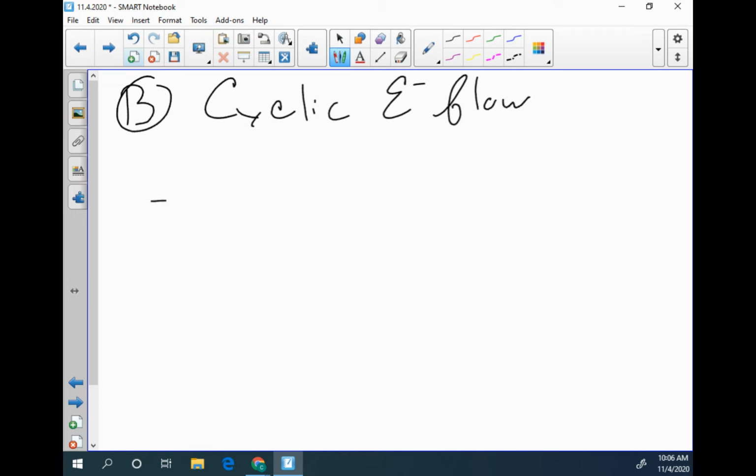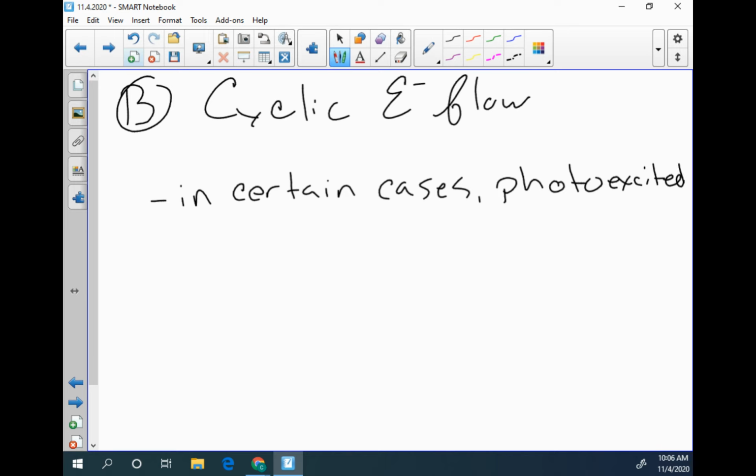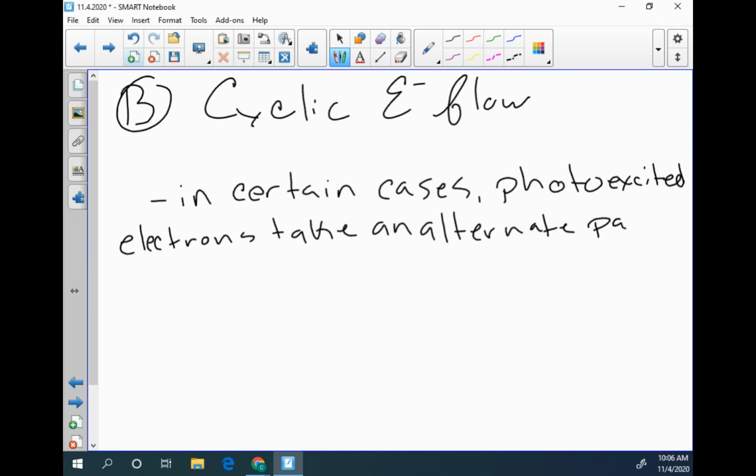In certain cases, photoexcited electrons take an alternate path that uses photosystem 1, but not photosystem 2.